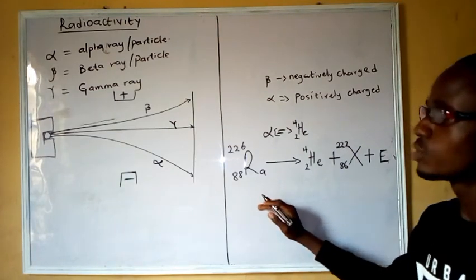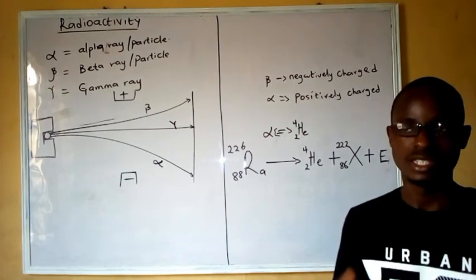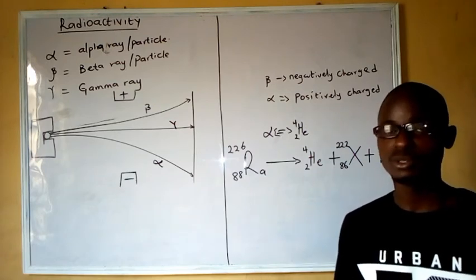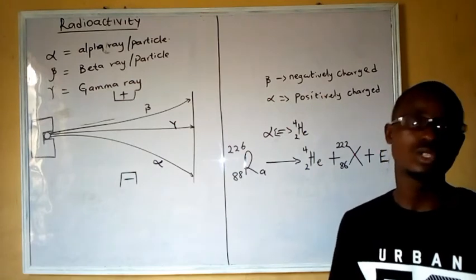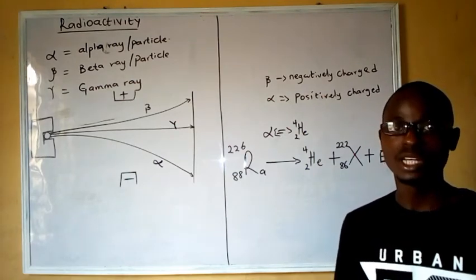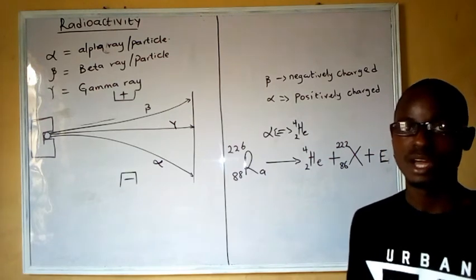So let's take into consideration beta particles. If an atom disintegrates and releases beta particles, what happens to the atom itself? The atom does not lose any mass in the mass number, but instead there is an addition of 1 to its atomic number. How?